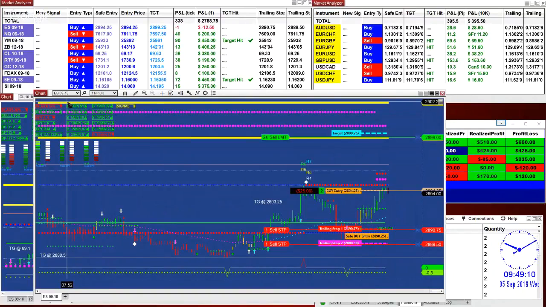So now, this ES is struggling in that area at the moment because of this double resistance. The education we're trying to provide is totally free. Whether you are using our auto trade or somebody else's auto trade, these small things here and there can help you understand when you are trading manually or with automated trading.